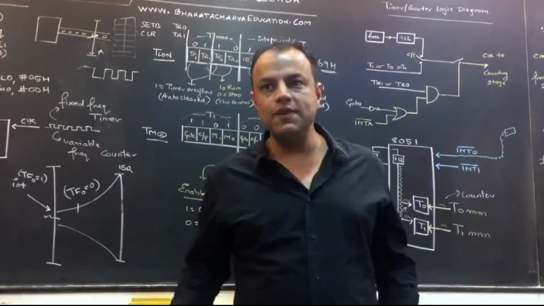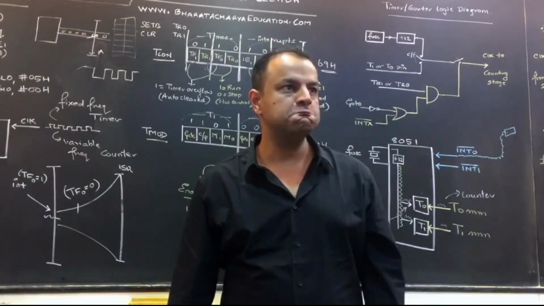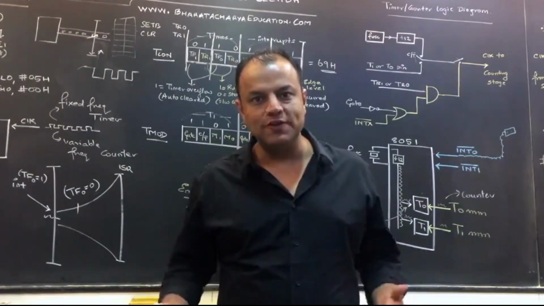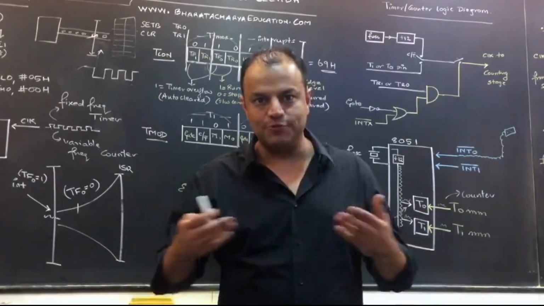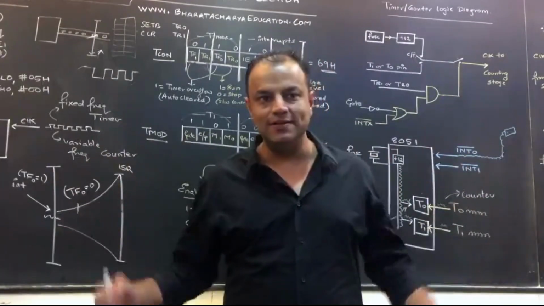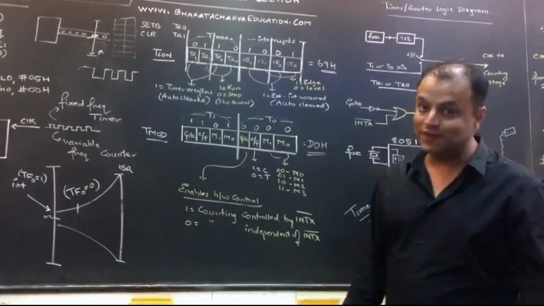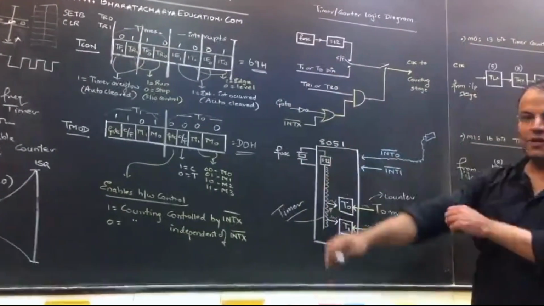Moreover, even if they ask you a program based on timers, you need values in TCON and TMOD which you will have to form as per the question, for which again you will need this pattern. So some way or the other you will be drawing them in the exam, maybe more than once also. Okay, so anyways, that was TCON, TMOD.